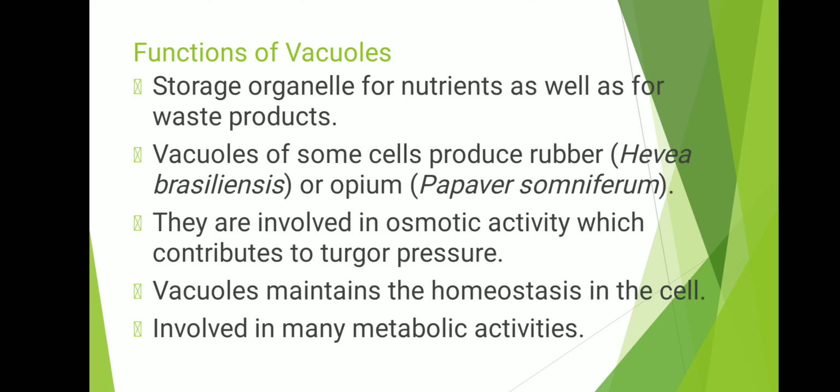Another example is opium, which is produced by or stored in the vacuoles, and the species involved is Papaver somniferum. These are actually waste products, but for us they are important products, while for the plant they are waste products stored in the vacuoles of the plant cells.